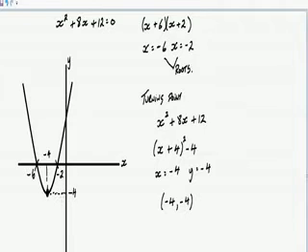Okay, now because the parabola, okay, you can fold it in half. Okay, so the turning point is always the midpoint between these two. So the midpoint between -2 and -6 is -4.